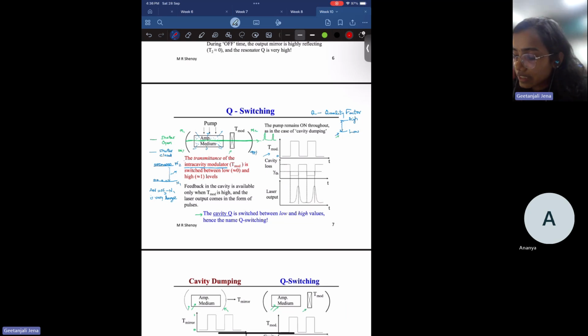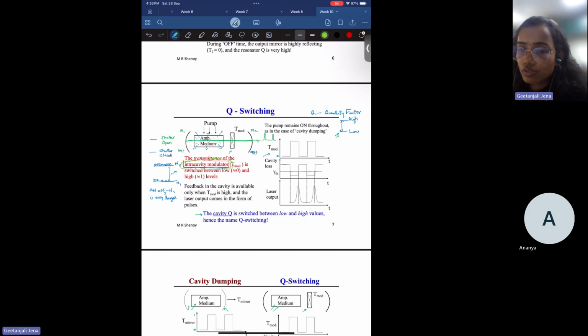We use an intracavity modulator. So instead of an external modulation, we'll use an intracavity modulator and we'll change its transmittance in a periodic manner so that we can get a pulsed output through this cavity.